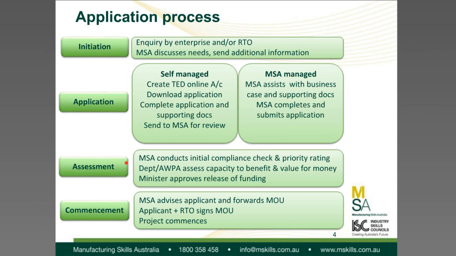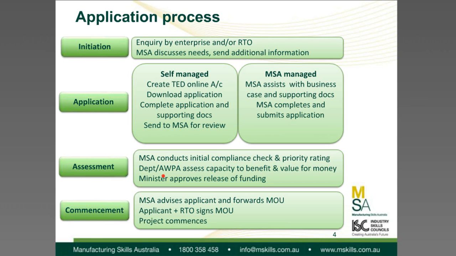So what then happens is, as you can see here, MSA will conduct a compliance check to ensure that your application fits the selection criteria set out by the government and the strategic directions of the fund. We'll also give your project a priority rating, and then your application will be submitted to the Department of Industry.